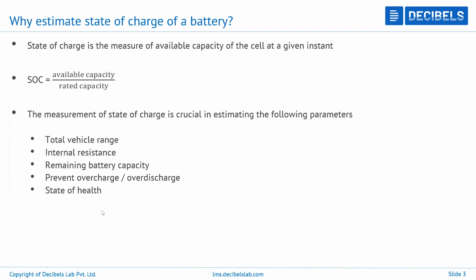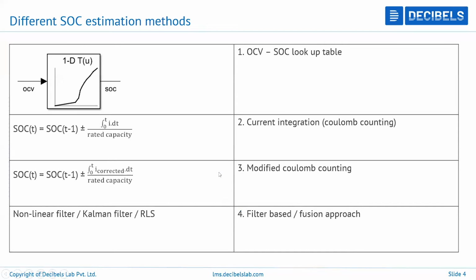It cannot be used directly, but it can be one of the ways in which you can estimate the condition. Okay. So these are the most important few points for the requirement for SOC estimation.